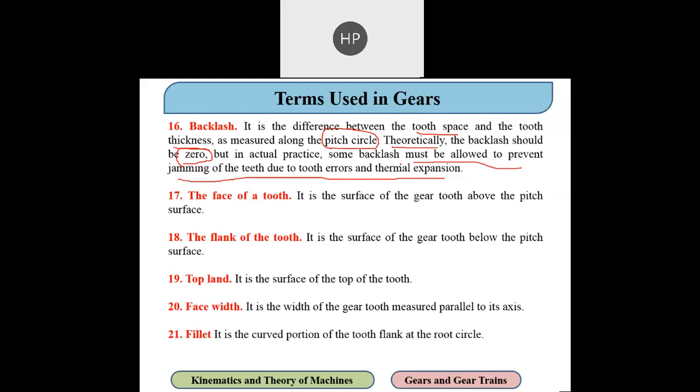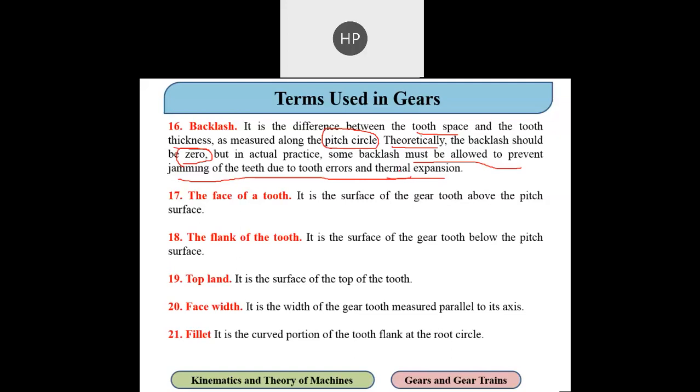Why is this gap given? Because the tooth should move easily during rotation, and at the same time when the gear rotates, heat is generated. Gears are generally made of metals, and when the metals gain heat, they try to expand.